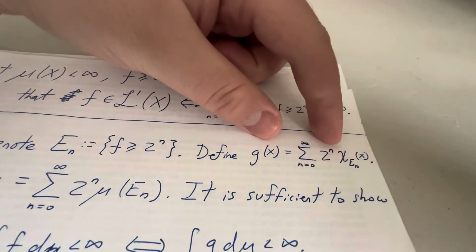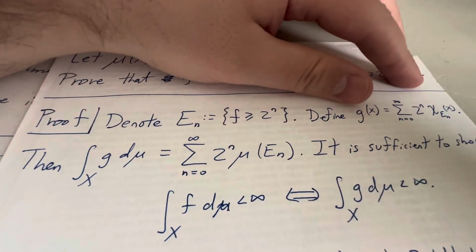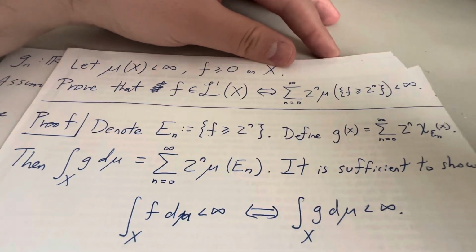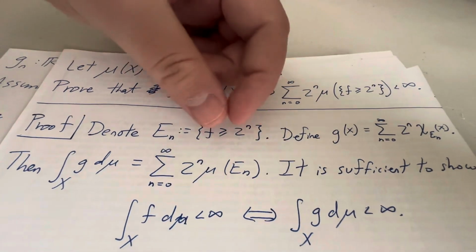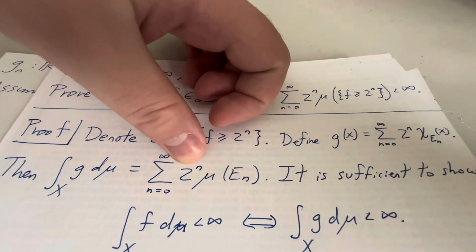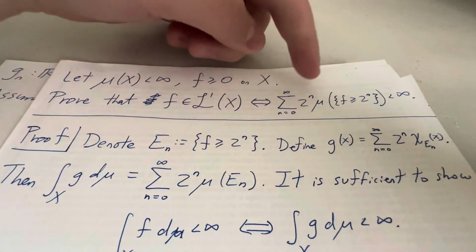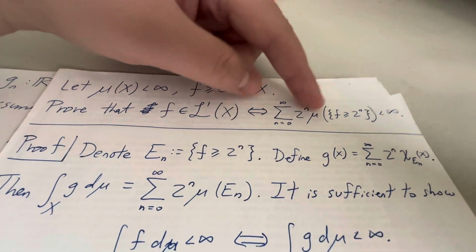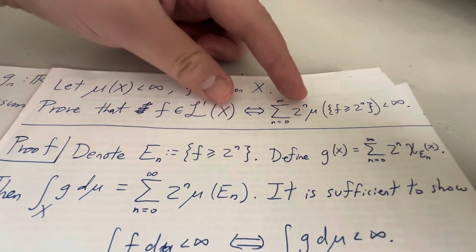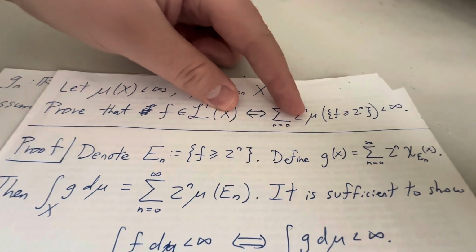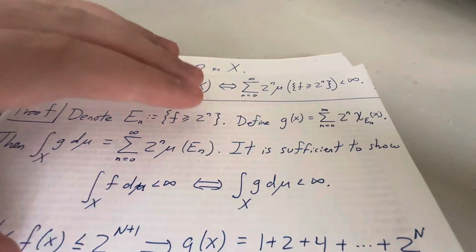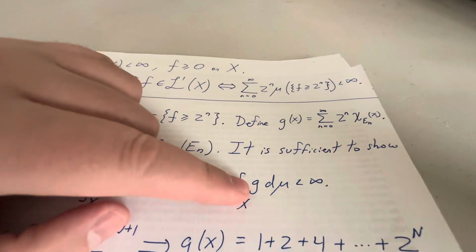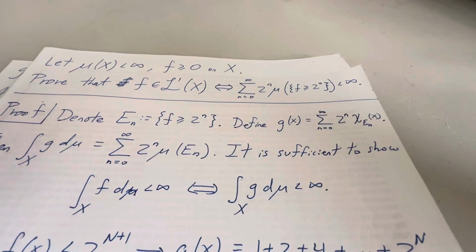And if we define g in this way, we notice that if we integrate g over the space X with respect to our measure mu, then by definition of the Lebesgue integral, this integral is equal to the sum of 2 to the n mu of En, which is exactly what this expression is. And what we've done here is we've basically said we will have the result of the problem if we can show that f is an L1 function over X and that g is an L1 function over X.